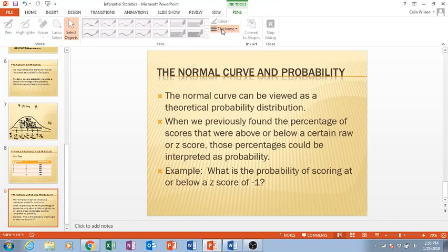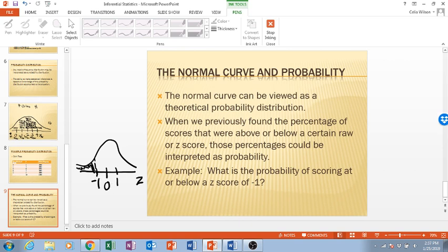Lost my pen, hold on. We went and we looked in the back of our book for those probabilities. And so if I were to refresh your memory a little bit, remember z-scores have a mean of 0 and a standard deviation of 1. And we'd have our nice normal distribution. And so the probability here, right there, we would want to come up and then figure out this percentage right here.